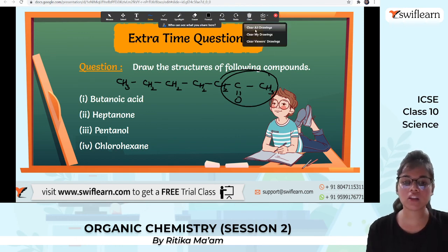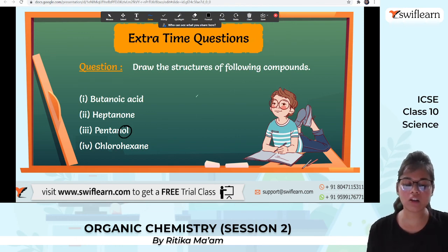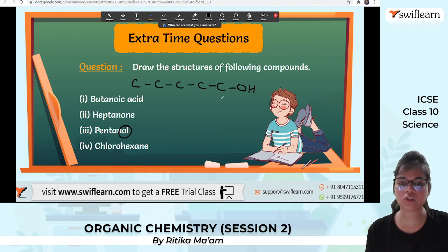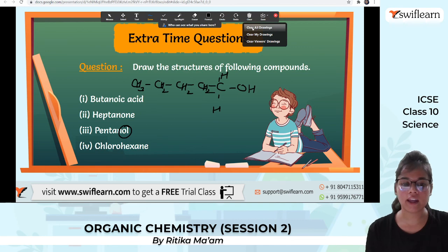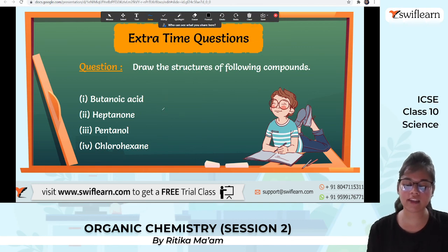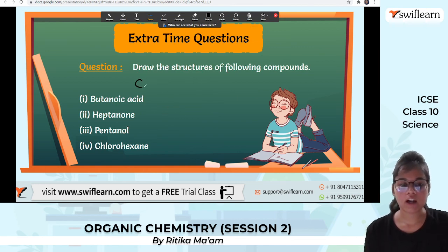Next is pentanol. So OL means alcohol. So again pentane, 5 carbon atoms. And then what are we going to do? We are just going to add an OH group and fulfill the valencies. So this goes for pentanol. And at the last it is chlorohexane. So again 6 carbon atoms.